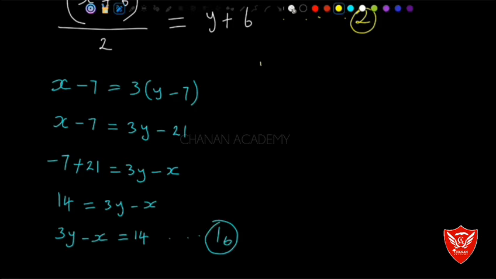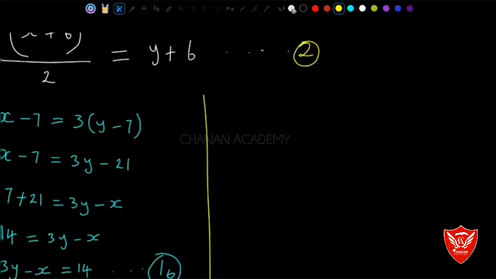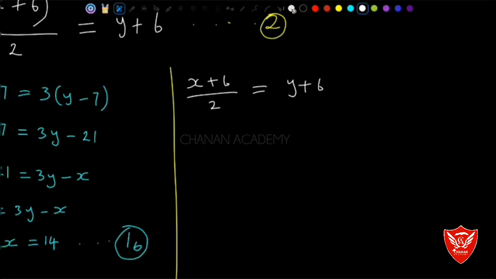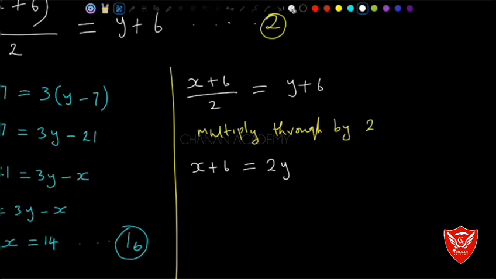So let's simplify the second one. We have x plus 6 over 2 equal to y plus 6. Now let's multiply through by 2. If we multiply through by 2, we're going to have x plus 6 equal to 2y plus 12.